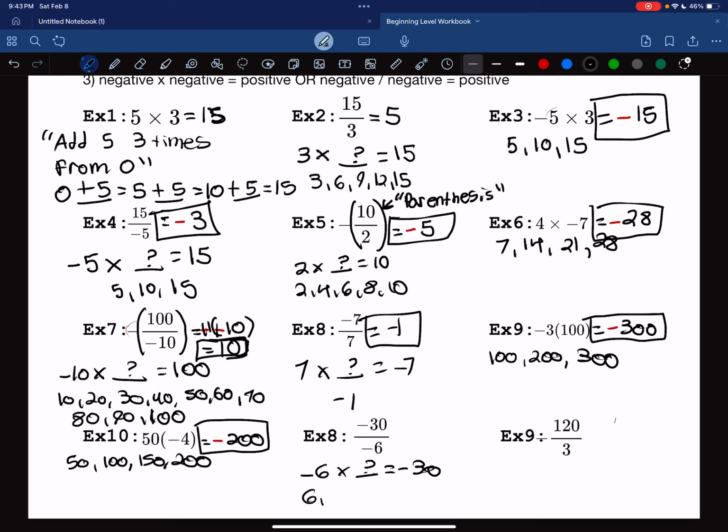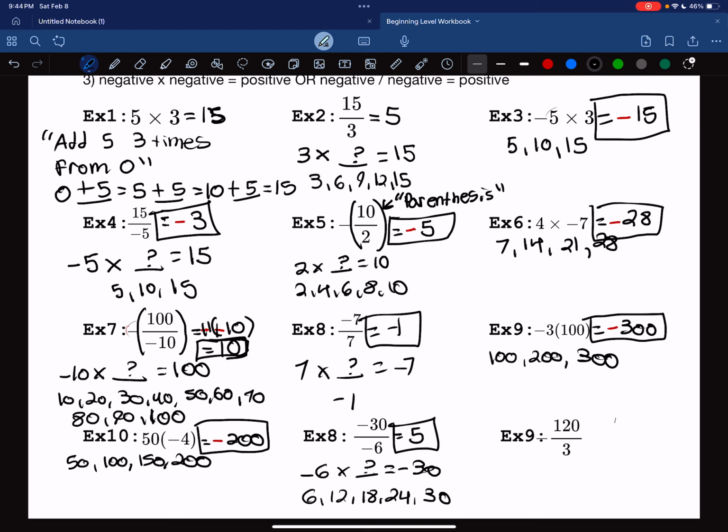So we have 6, 12, 18, 24, and 30. So now that we got to 30, let's count how many numbers we have. We have 1, 2, 3, 4, 5 numbers. So since we have 5 numbers, 5 is going to be our answer.